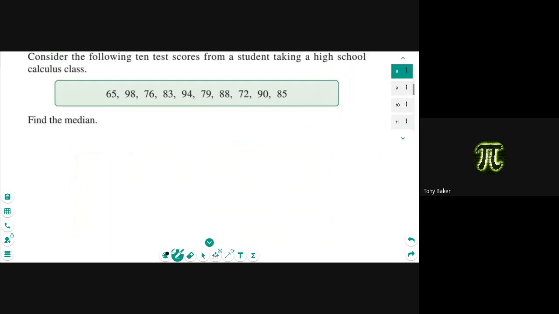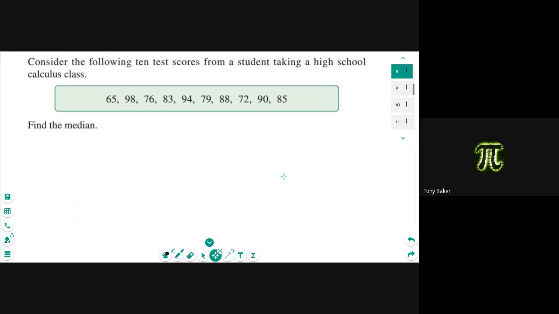Find me the median of these data points. Yes, 86.5.